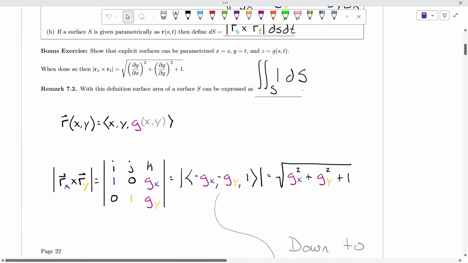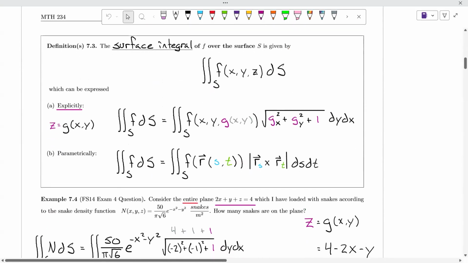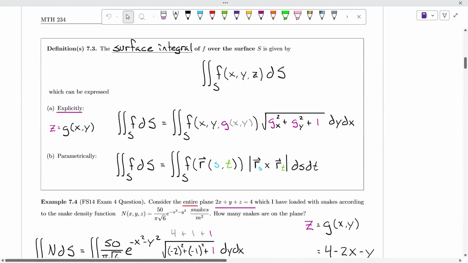Cool. So far, just looking at scalars. So the surface integral is just going to be the double integral of some function times ds. And we look at it in two different ways for scalar functions, both explicitly and parametrically.